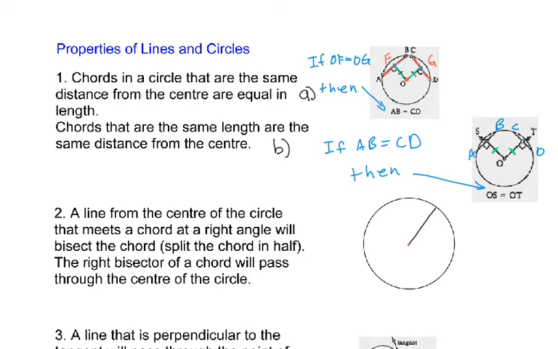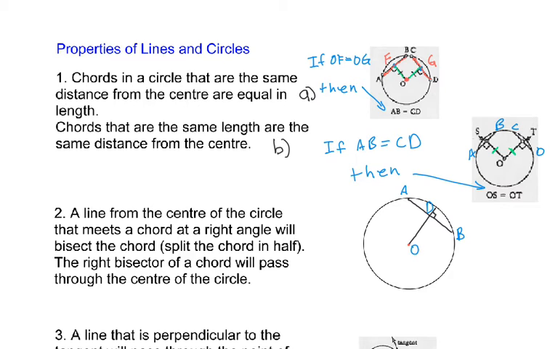Now, if we can guarantee that our chord crosses this radius exactly at 90 degrees, we can guarantee that the chord is split in two. Let's label the chord and the lines. The chord will be labeled AB, the point where it crosses, the perpendicular bisector, is going to be labeled D, and the origin we'll label O. When we look at this picture, you get a hint of what's about to happen.